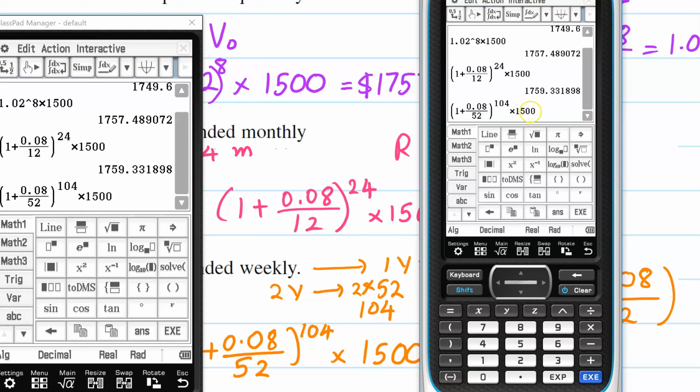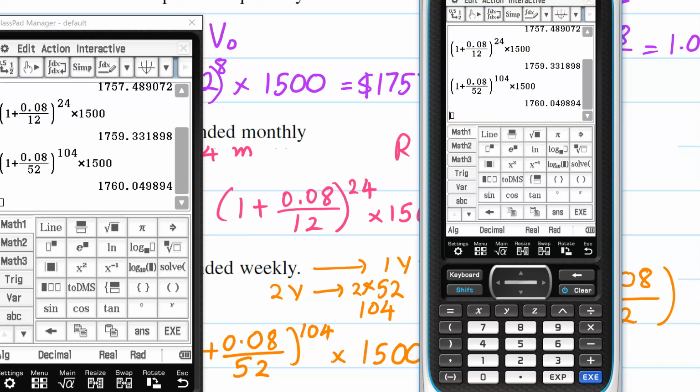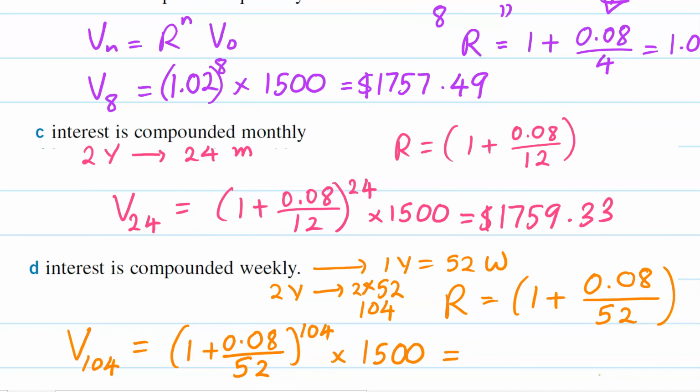You can even type the 1500 in front of this bracket. Well, let's have a look at the answer. 1760 and 5 cents if you round it off to the second decimal.